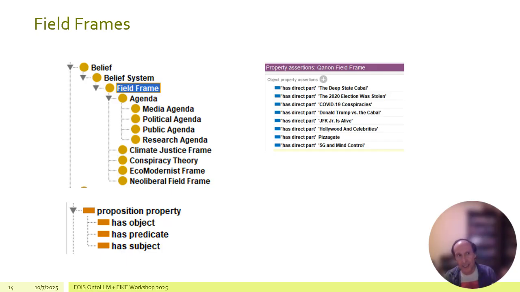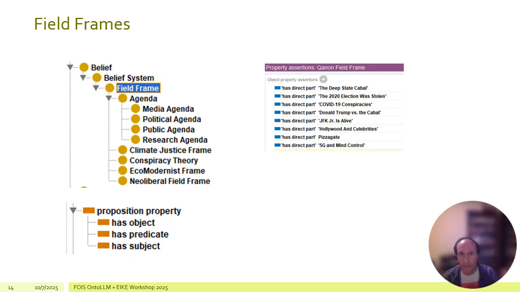In that ontology, I had the concept of belief and a subclass called belief system, which is just a collection of one or more beliefs. And then as I read about what Brulé means by field frame, I realized, oh, what he's essentially talking about is a belief system. So I made field frame a subclass of belief system.